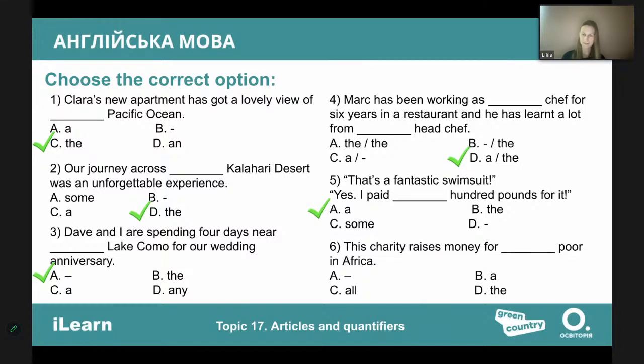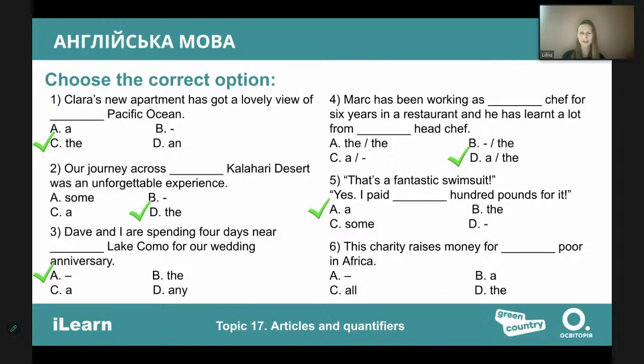Why A? Even though we have pounds, we say a hundred because it's a synonym to one hundred. So sometimes not to say one thousand, one hundred, one million, you can say a hundred, a thousand, a million, and that would be correct.